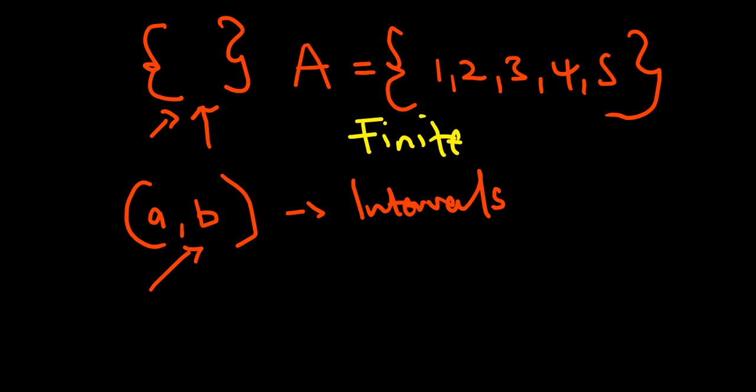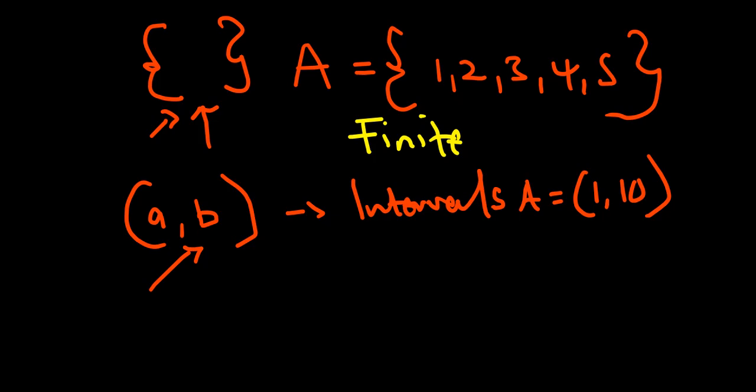Maybe we can say set A is a set that contains numbers between 1 and 10. All the numbers between 1 and 10 will be present in this set, not only 1, 2, 3, 4, 5, 6, 7, 8 and 9, but even 1.1, 1.1115, 2.4, 7.4, all those numbers will be represented in this set.